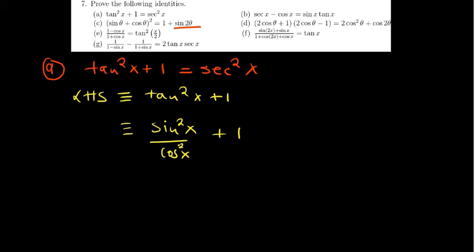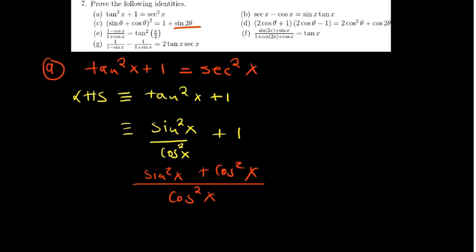So what do we want to see? What we want to see is secant squared of x, which is 1 over cosine squared of x. So if we come up with a common denominator, cosine squared of x will be the common denominator, and then you're going to have sine squared of x, and where we've got a 1 over 1, it will give us cosine squared of x.